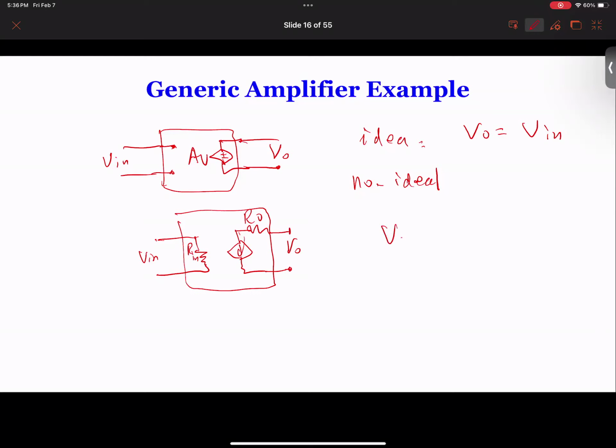In the non-ideal case, we know that VO is going to be two voltage dividers. So this is an ideal case.